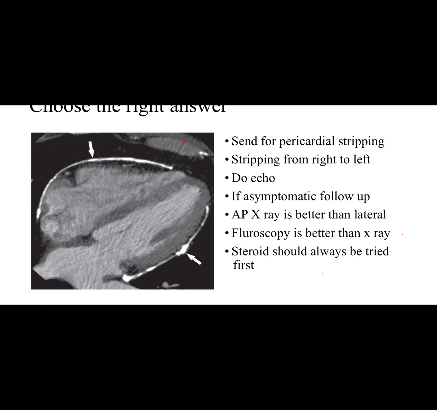Simply look at the MAC: how clearly you see the MAC in fluoro and you don't see it in chest X-ray. So calcification is also picked up better in fluoro than in X-ray. Now, steroid should always be tried first. No, that depends on what kind of constriction you are dealing with. Good.